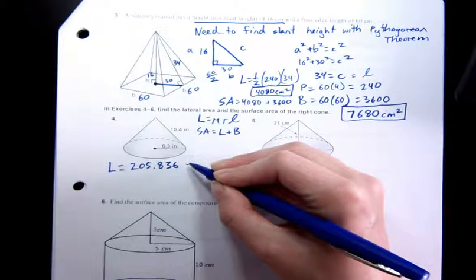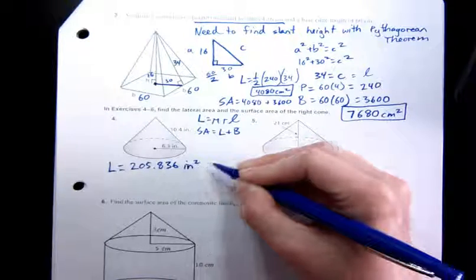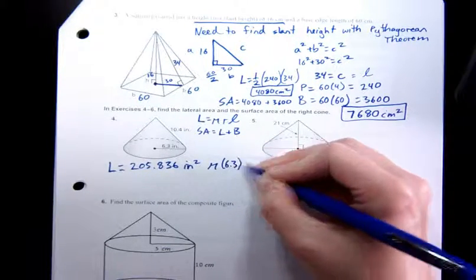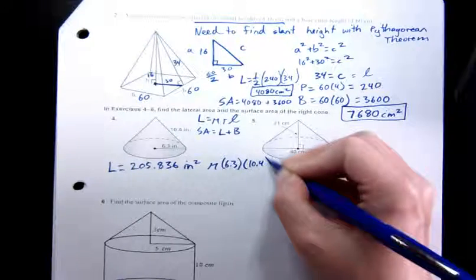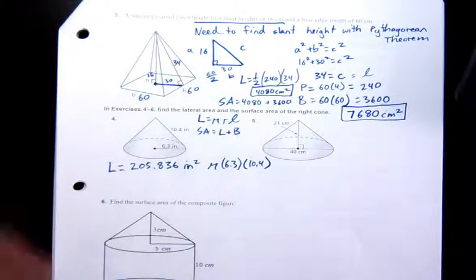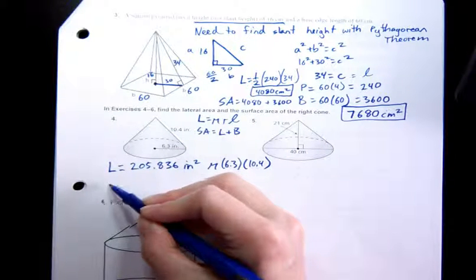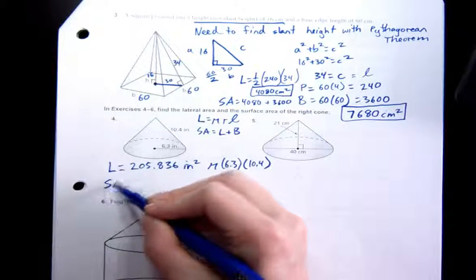I just plugged in pi times the radius times the slant height. So pi times 6.3 times 10.4. Alright, then I'm drawing desk 7. Chase, what do we add now for the base and the whole surface area?